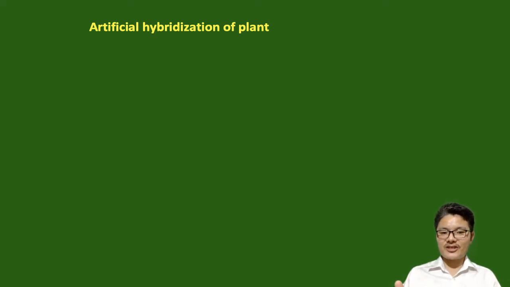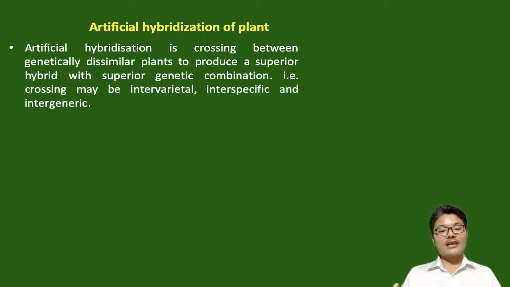What is artificial? Artificial here refers to involvement of human manipulation. Human is trying to manipulate plant, and hybridization is a process of formation of hybrid plant from two superior parents. So artificial hybridization is breeding between genetically dissimilar plants, which usually produces a superior hybrid having superior genetic combination.